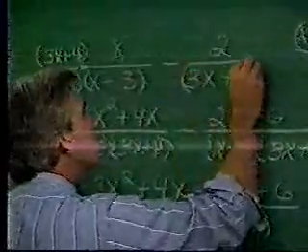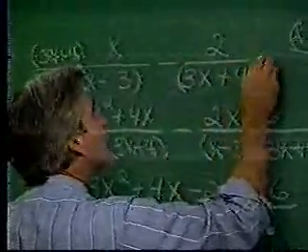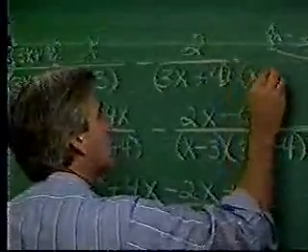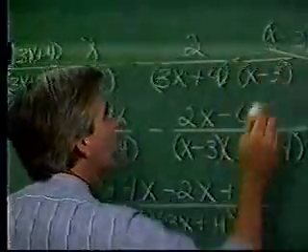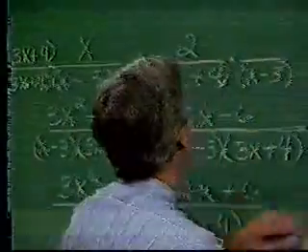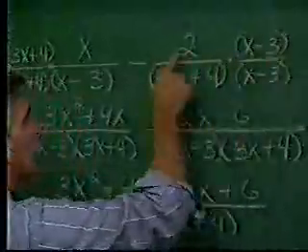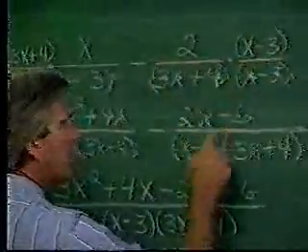So what we'll do is show the 3x plus 4 in this denominator, and we're multiplying by x minus 3 in the denominator, and we'll do the same thing in the numerator. In the numerator, 2 times x minus 3, 2x minus 6.